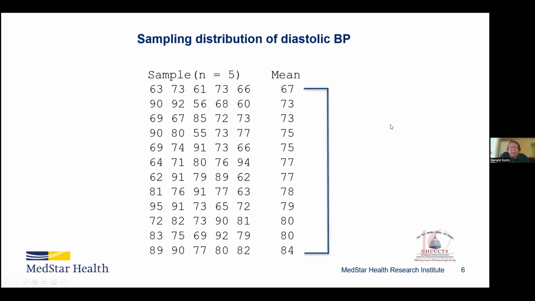And as you recall, this is what we refer to as a sampling distribution. In other words, it's a distribution of statistics, whereas these individual values, if we looked at their distribution, would be a distribution of observed data. But when we talk about a sampling distribution, we're talking about a distribution of statistics, like in this case, the mean.